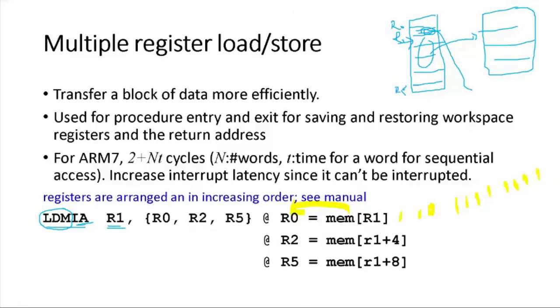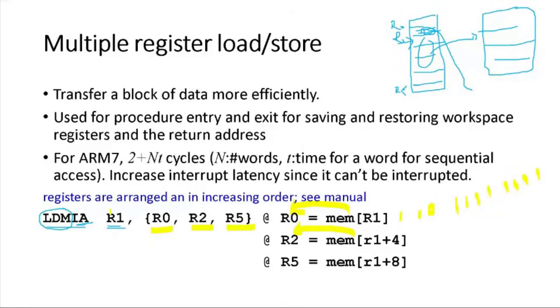First, it will go to this address in memory, take the content of that location, and move it to the R0 register. After doing that, it will increment this number. Then it will go to the particular memory location pointed to by this incremented address, take the content from that location and move that to the R2 register, because you see this is R0, R2 and R5.